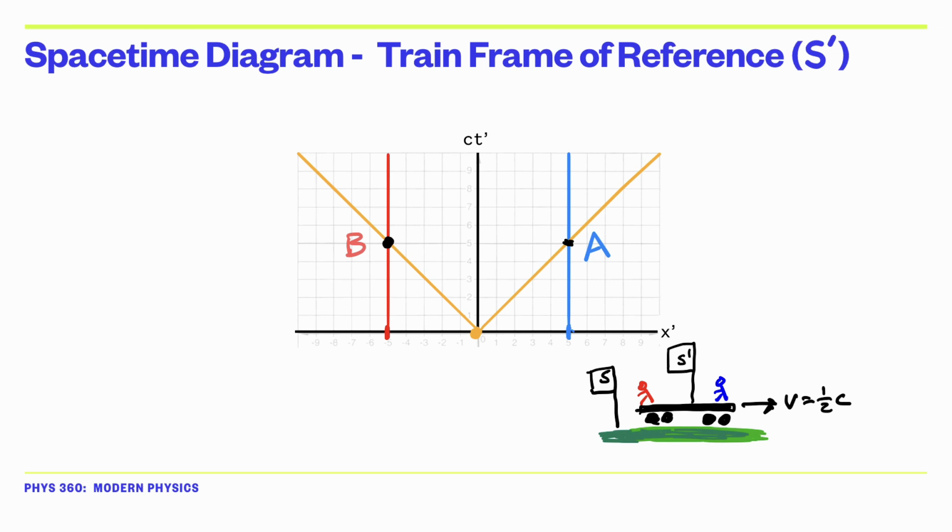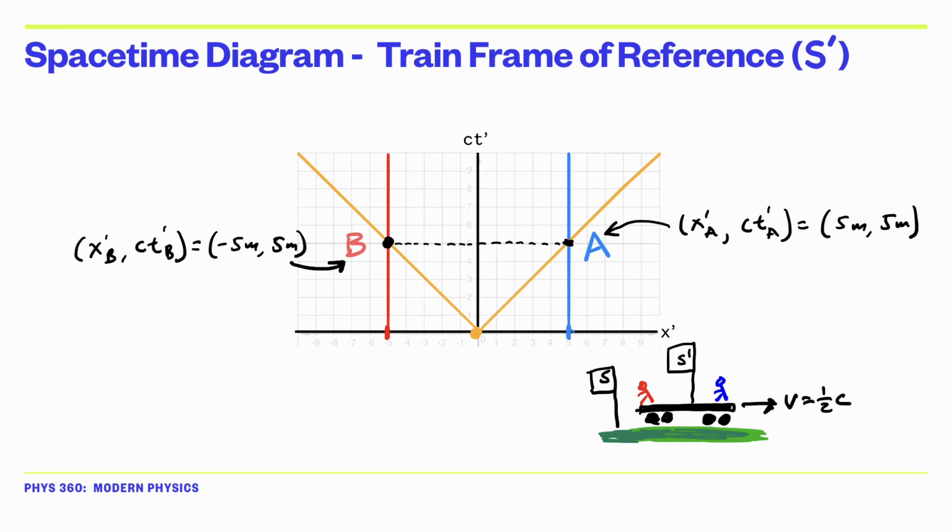Thus, Mr. Red and Ms. Blue see the light flash simultaneously. We can write the space-time coordinates of event A as x prime sub A, ct prime sub A equals 5 meters, 5 meters. Similarly, the space-time coordinates of event B are x prime b equals -5 meters and ct prime b equals 5 meters.